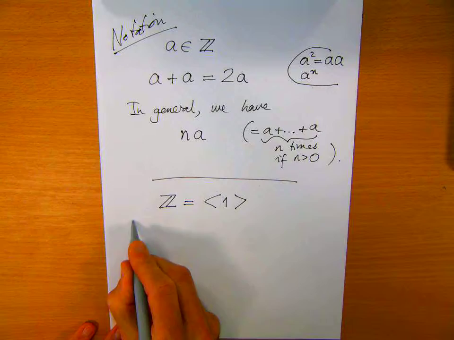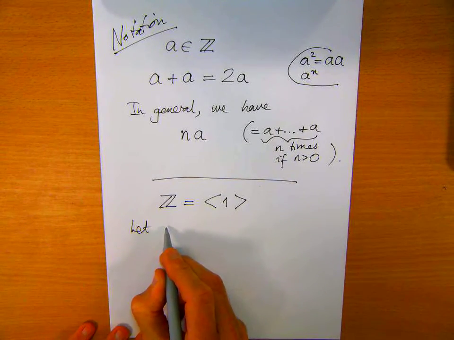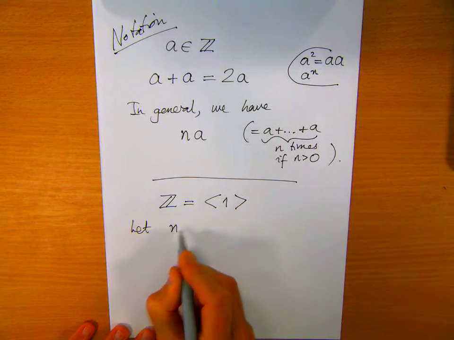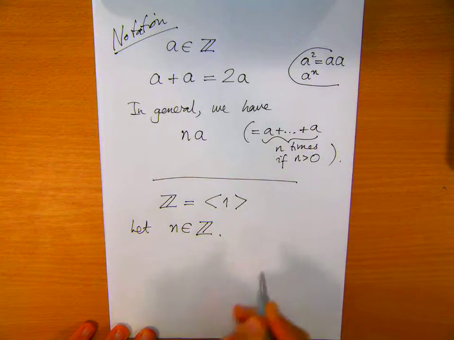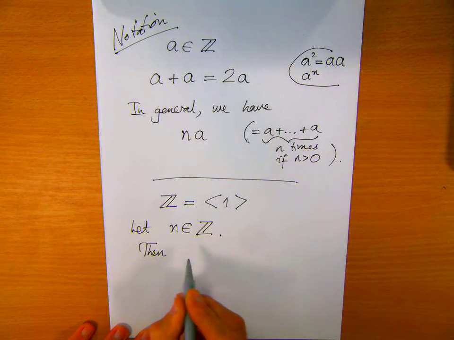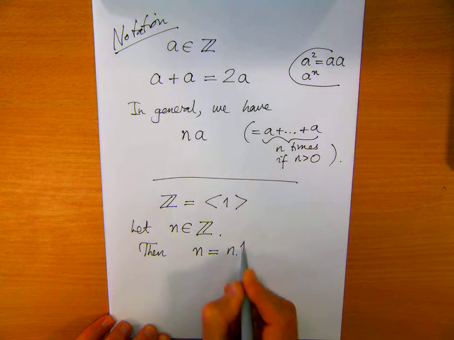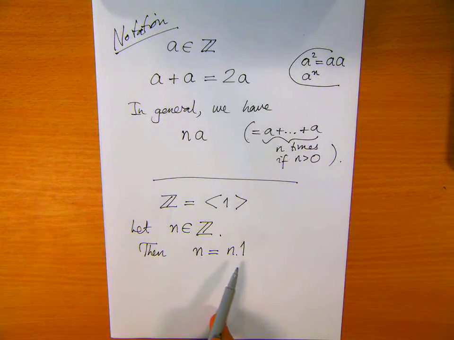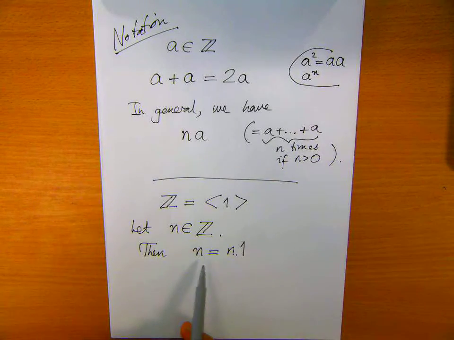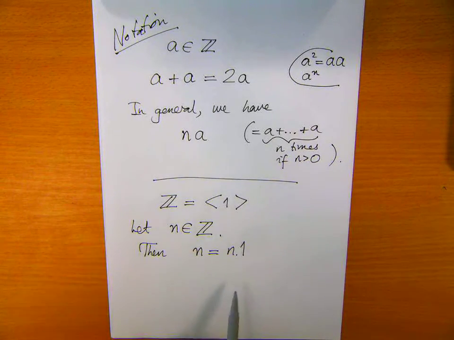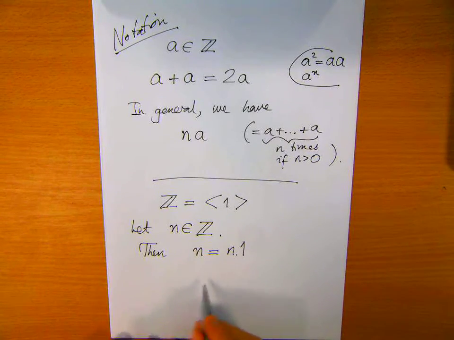Because if I take, say, an integer n, then if n is positive, n can be written as 1 plus 1 plus 1, n times.